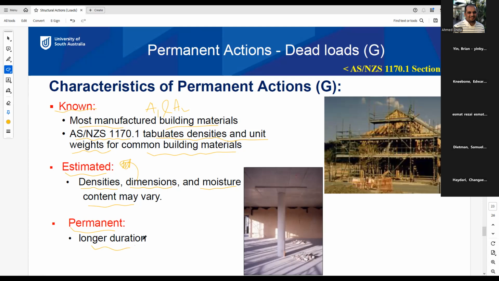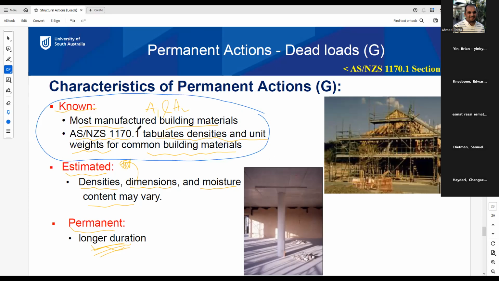Also, in special cases you can consider some other loads as permanent, even if they are not, because they stay on the building for a longer duration. So these are some characteristics of the dead load or permanent action on the building, and mainly in our course we will be dealing with the first one.